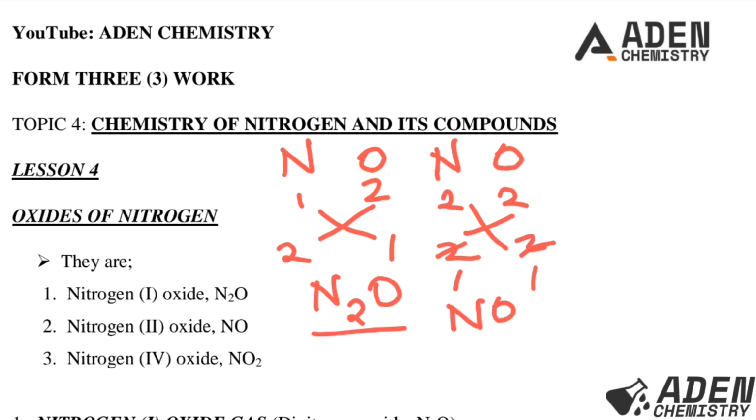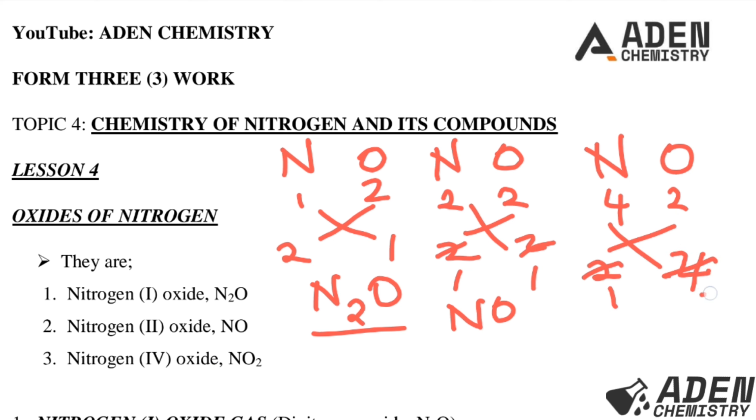Then lastly, here we have nitrogen 4 oxide. So in nitrogen 4 oxide, the valence of nitrogen is 4 and the valence of oxygen is 2 as usual. When we interchange the valency and we divide the common factor, how we are going to write nitrogen 4 oxide will be NO2. So the other name of nitrogen 4 oxide will be nitrogen dioxide, because we have 2 atoms of oxygen in nitrogen 4 oxide.